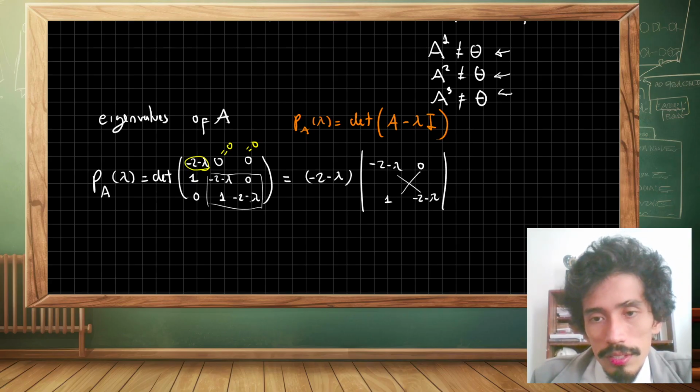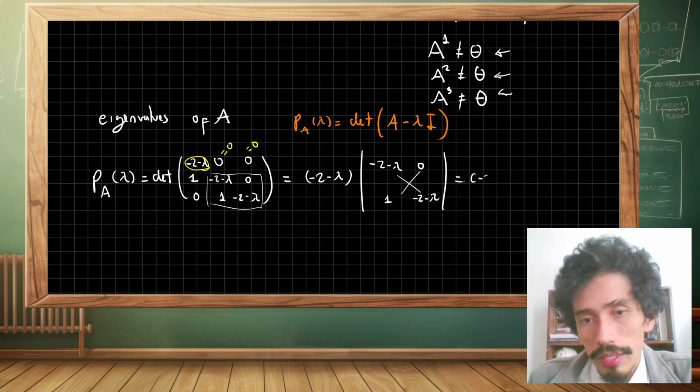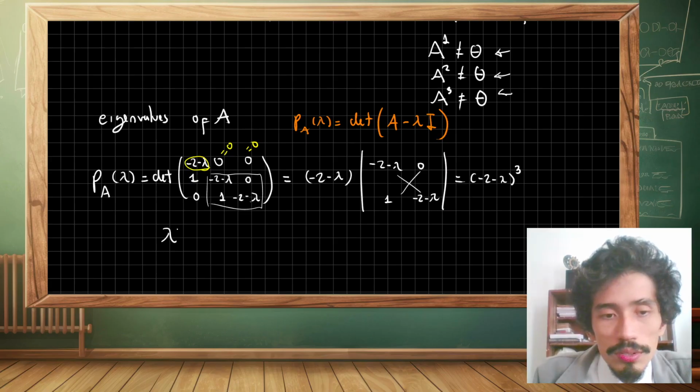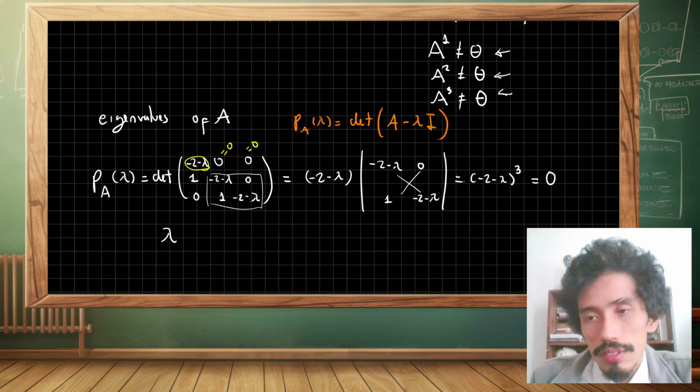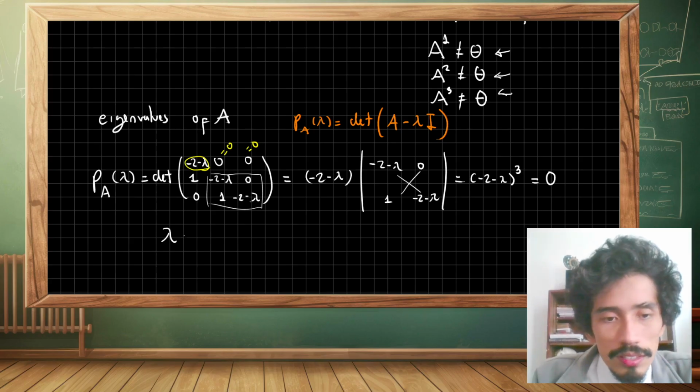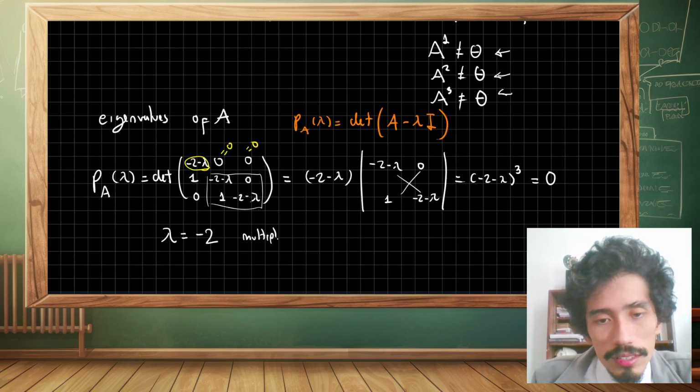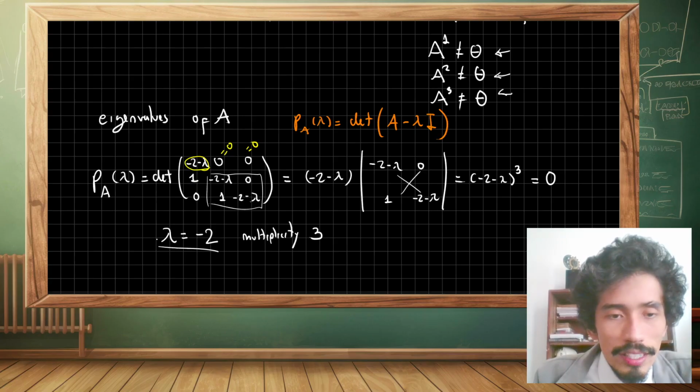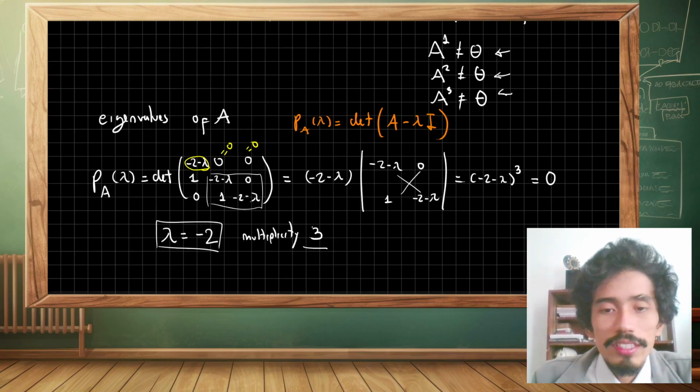And you can do this by multiplication, so this will be equal to cube. So the solutions, the roots of this, if you do this, then the roots are minus 2 in each case. Multiplicity 3. So there is only one eigenvalue of multiplicity 3.